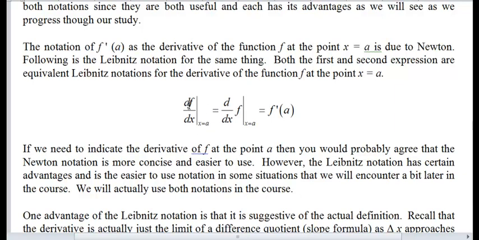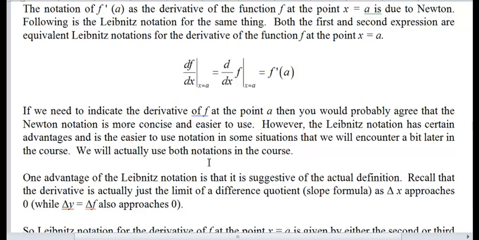So you might wonder, why do we keep the Leibniz notation? One of the reasons Leibniz notation is nice is that df over dx is suggestive of the actual definition. Remember, the derivative df over dx is the limit of delta f over delta x as delta x approaches 0. Of course, delta f also approaches 0.